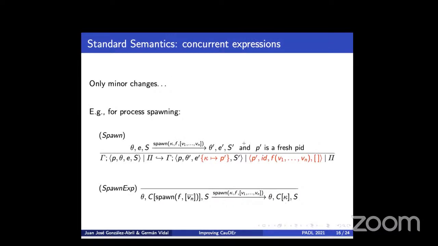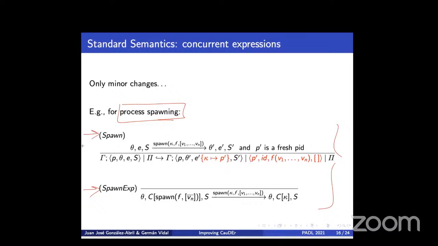And regarding the evaluation of concurrent expressions, there are just some minor changes with respect to previous approaches. For instance, this is how we reduce a call to function spawn. We had to do that at two levels, as I mentioned before: one at the level of expressions and one at the level of systems.